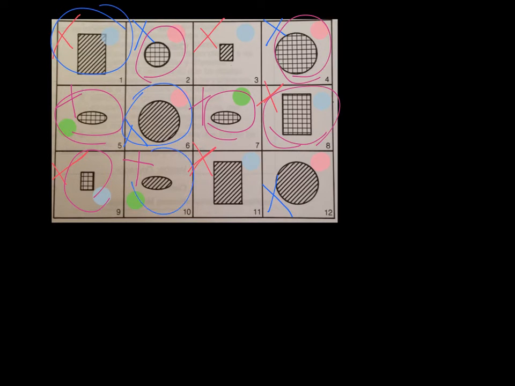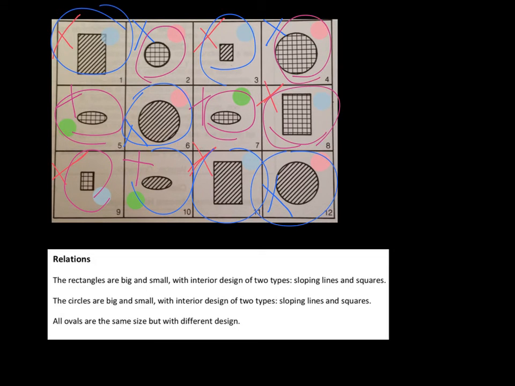So we have only 2 interior designs for these shapes. Now we're going to establish the relations. As you can see here, the rectangles are big and small with interior design of 2 types, sloping lines and squares. The circles are big and small with interior design of 2 types, sloping lines and squares. All ovals are the same size but with different design.